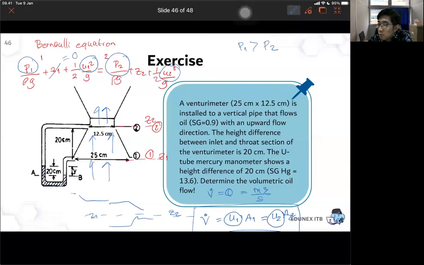So P1 minus P2 will equal rho g h in the manometer. This rho is the density of the manometer fluid. Okay, then you will have the value of delta P, P1 minus P2. Then you can solve for either velocity at point 1 or velocity at point 2. Then you multiply it with the area.